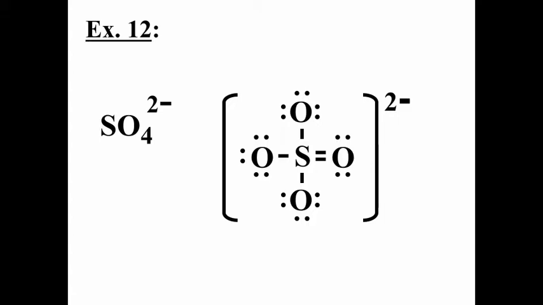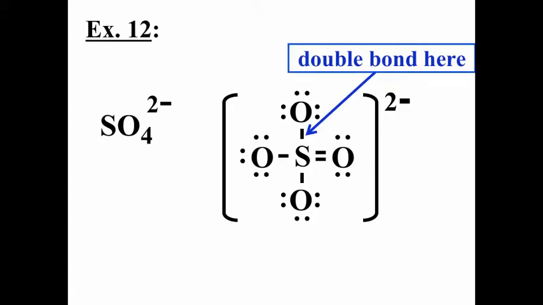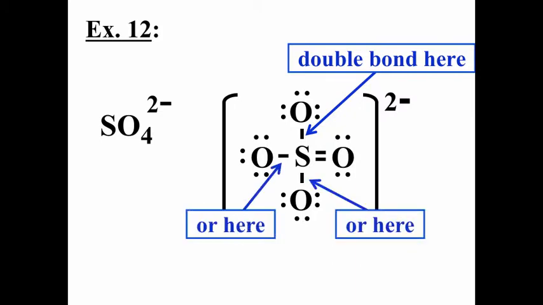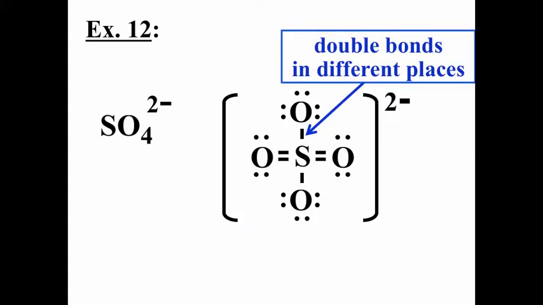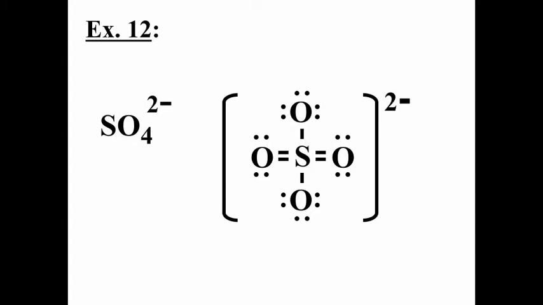And of course, the double bond could have been to a different oxygen atom, or that one, or that one. So we have resonance possibilities, and we have multiple places that we could have a double bond. Now, we could also have 2 double bonds.